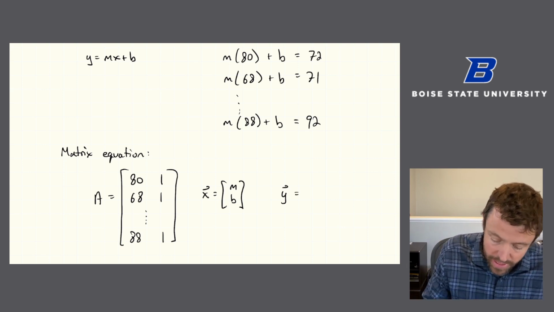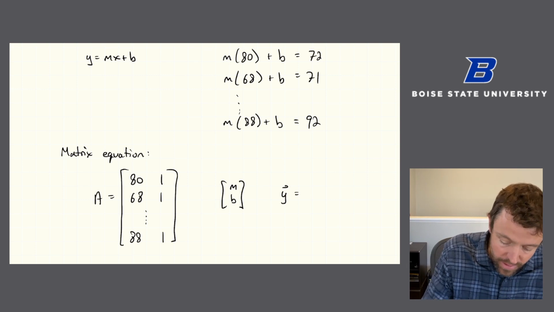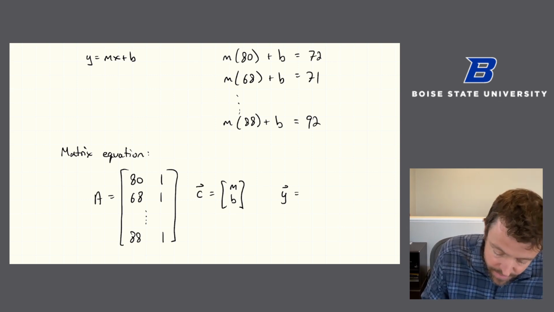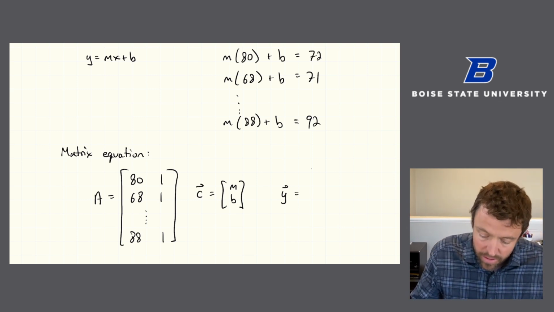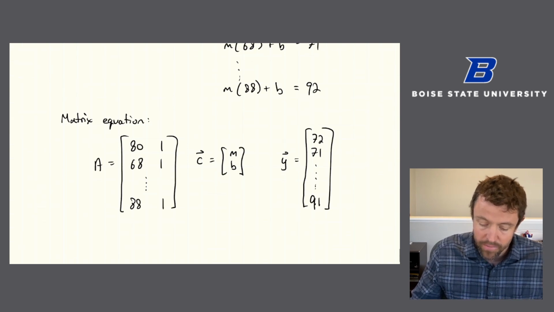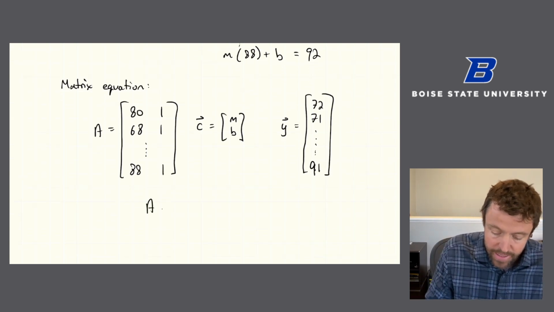I shouldn't call this thing x because I already have x meaning something here. So let's call this c. And my y values are all the way up to 91. And I can rewrite this whole thing as A times c equals y.